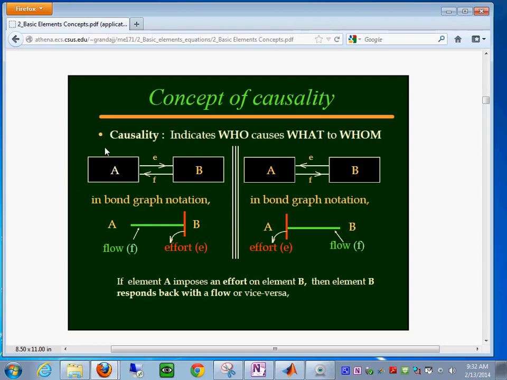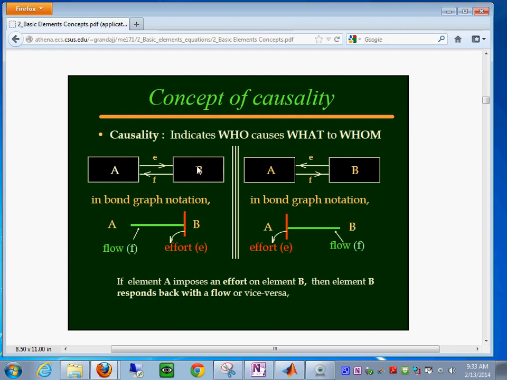If two elements of a system, element A and element B, are connected with each other, they exchange information as a system works together. They exchange information through those variables, like the effort variable and the flow variable. But on the left-hand side, we have a little difference. Can you see what it is?